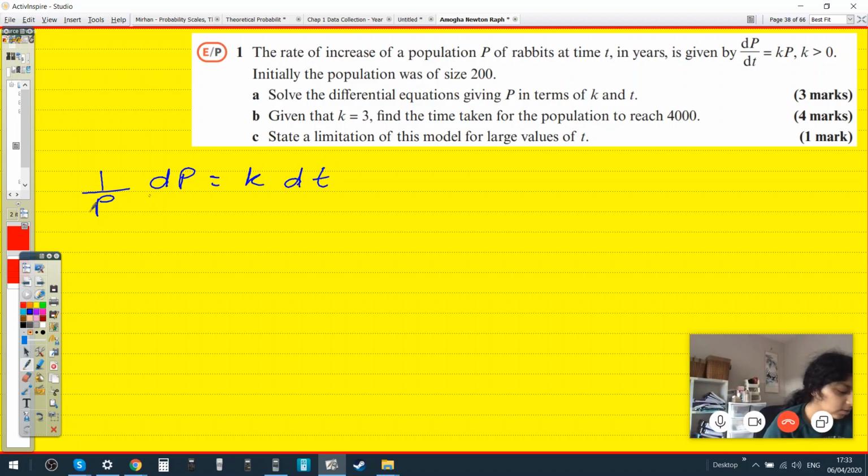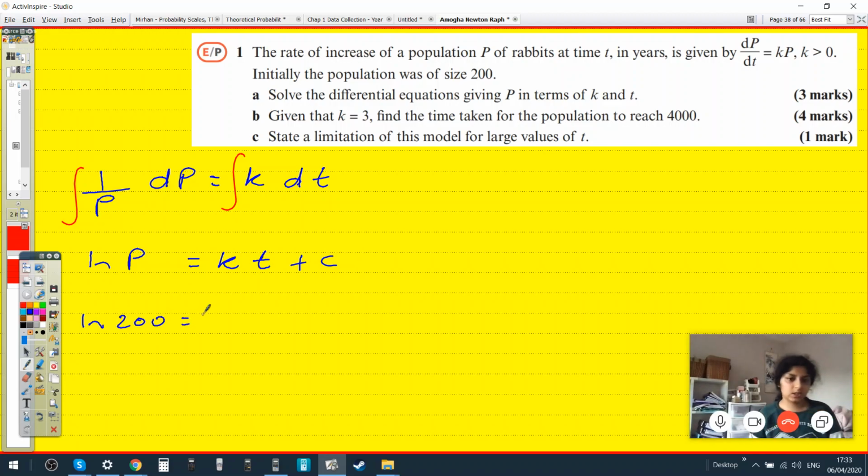And then you just integrate both sides. So you have ln p is equal to kt plus c. And then you just put everything to e. So then you have p is equal to e to the power of kt multiplied by e to the power of c.